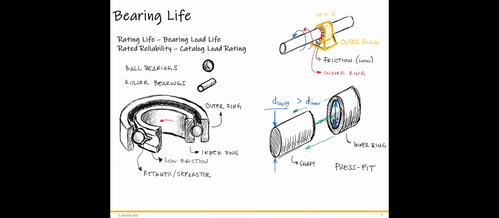If the shaft diameter is larger than the inner diameter of the bearing, that means it's a press fit. That means this shaft is not going to be disassembled, ever. It's going to be installed permanently.